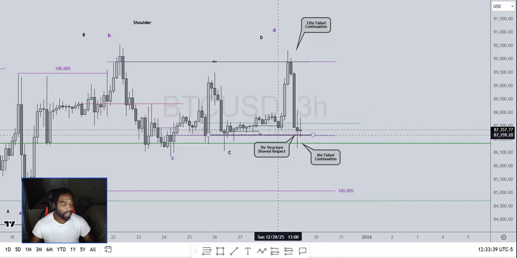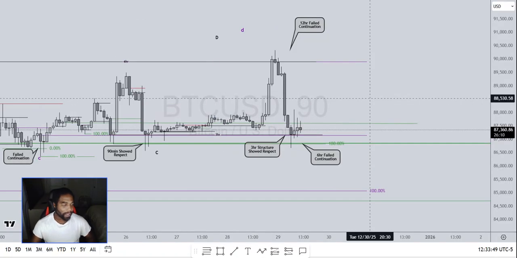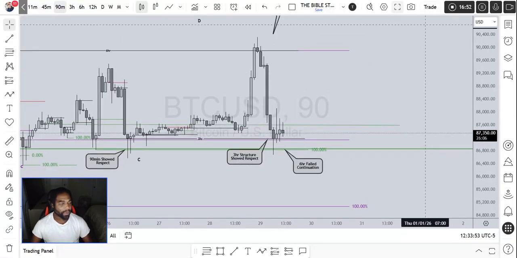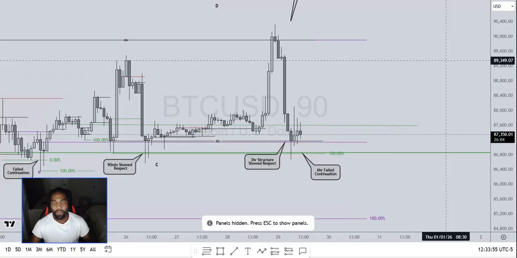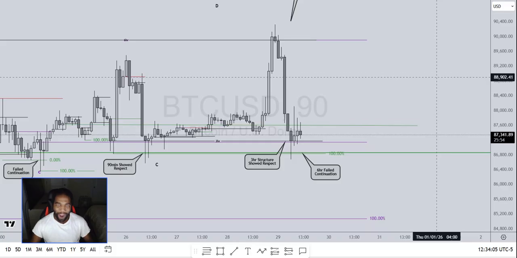So as you can see, this is what price is doing here on the 3 hour, showing respect to this 3 hour structure. And you know how I do. Handy dandy 90 minute. We can scale into that 3 hour time frame to determine even more, zooming in to get a more or better view or detail to understand what price is doing right now.